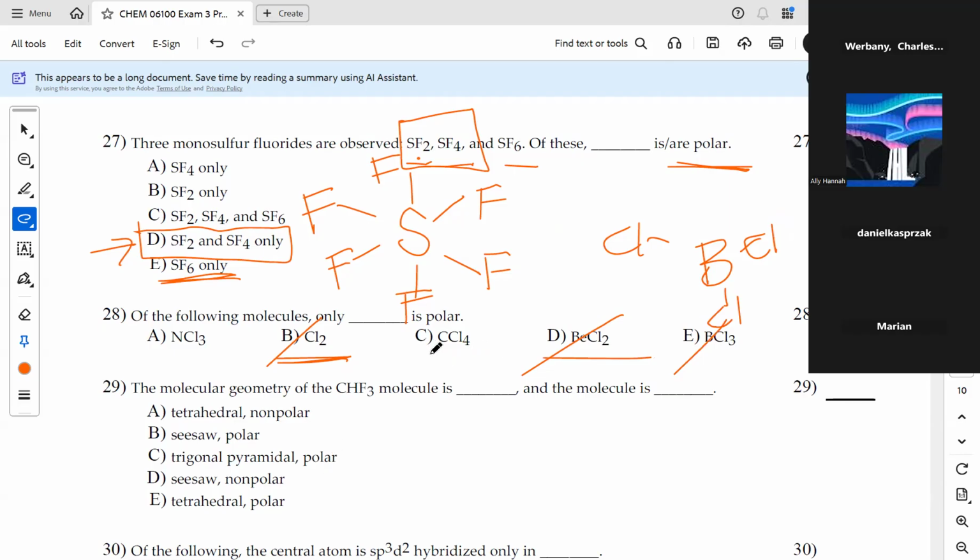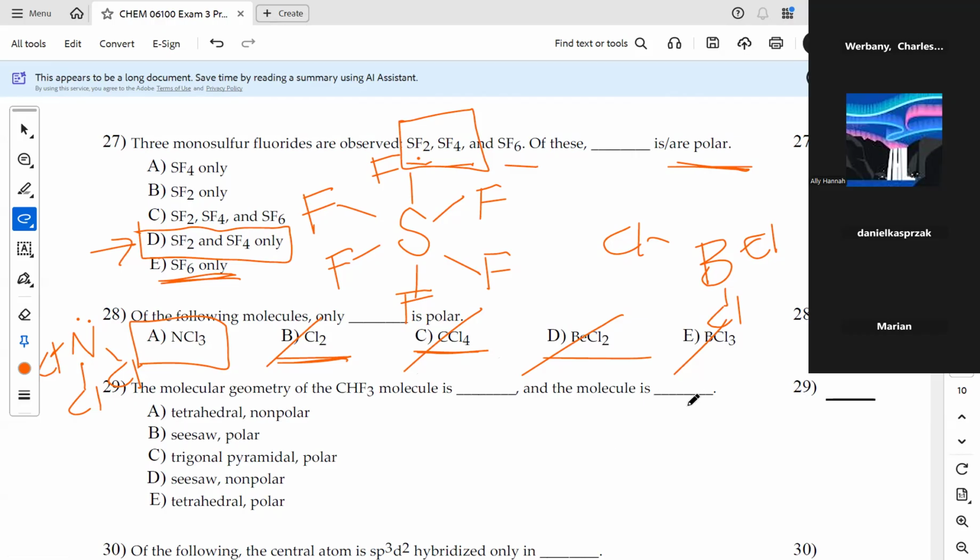Carbon tetrachloride is similar to methane, except we have 4 chlorine bonds surrounding carbon, no expanded octet. So we would just have 4 equal bonds that are all polar that cancel each other out. So we end up with NCl3. We could have looked at this and said, okay, I only have three bonding groups here, and my nitrogen will like to have a full octet, so I know I have a lone pair on my central atom.